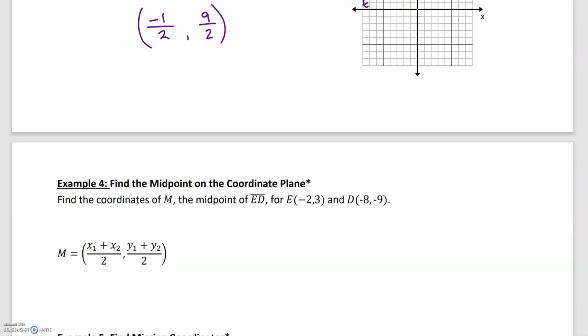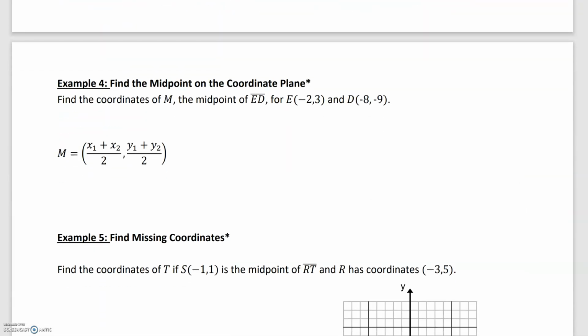And let's go ahead and take a look at this next one, number 5. That's the one we can do in the coordinate plane. But this one we're going to practice again. I would like for you to try this one, just like we did on the last one. Go ahead and try putting it into the formula, adding x's, dividing by 2, adding y's, and dividing by 2.